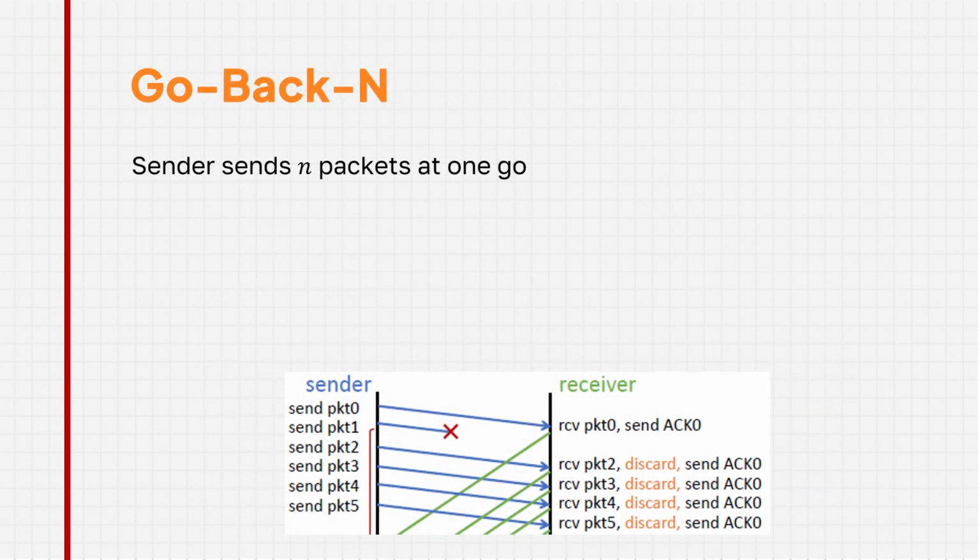For Go-Back-N, you send N packets in one go, right? So N is your window size. The sender will send N packets. But the important thing is there's something called a cumulative ACK. What is cumulative ACK? There is a window, there's a storage buffer, but what is the ACK?